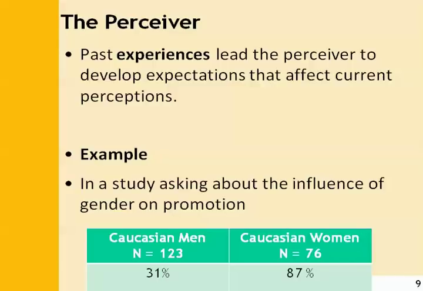So what does that signify? Apparently, the percentage of women thinking that gender influences promotion is much larger than the percentage of men. So why is that? This is probably due to their past experiences.